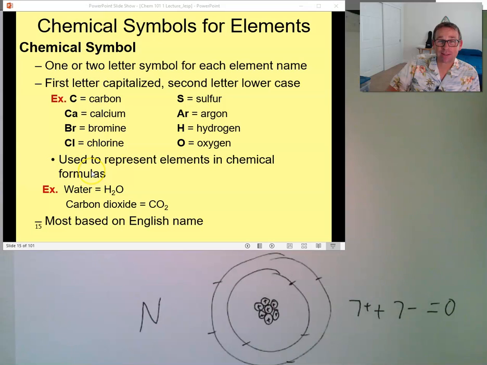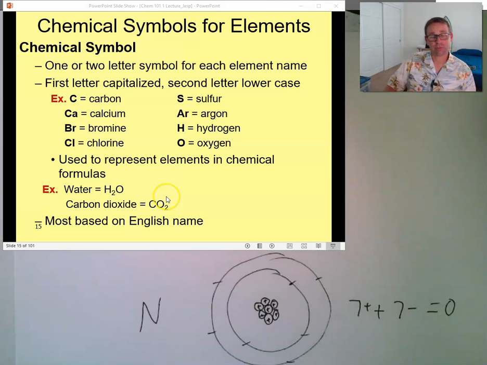We also can write these chemicals into what we call formulas, chemical formulas, like water. Have you heard of water before? H2O? Yes. And carbon dioxide. Have you ever heard of that one before? CO2? I've heard of carbon dioxide, but not CO2. All right, so CO2 is the chemical formula for carbon dioxide.